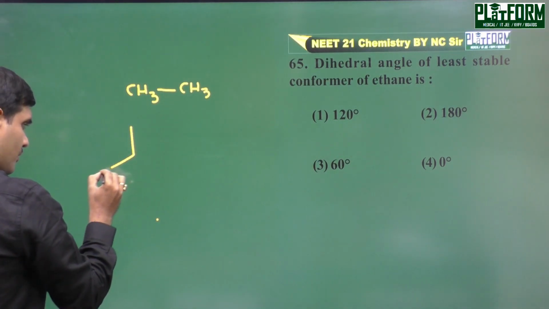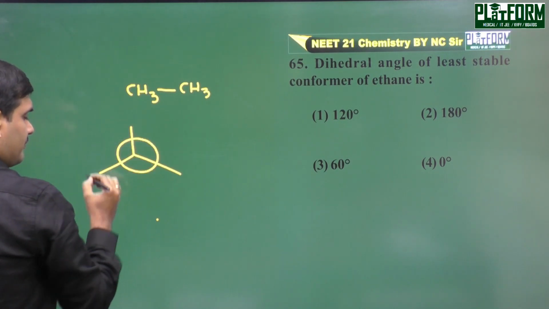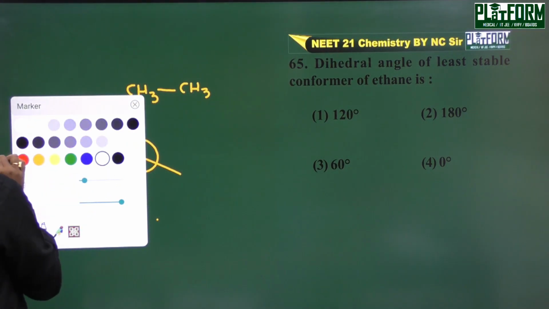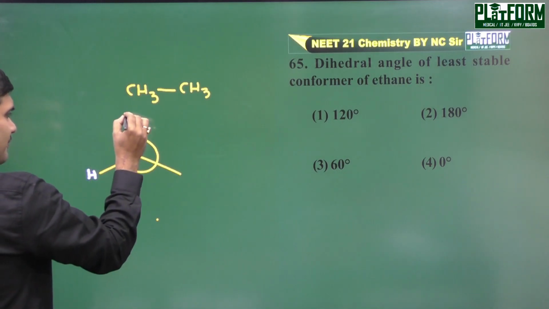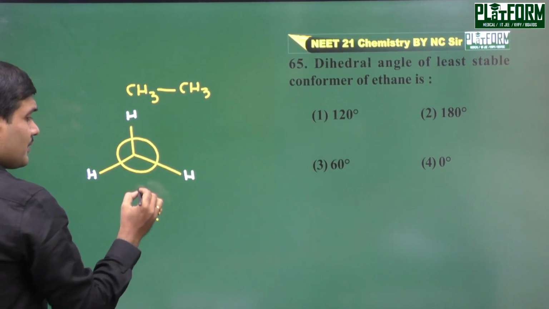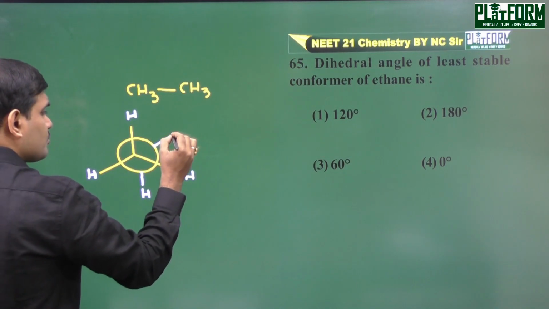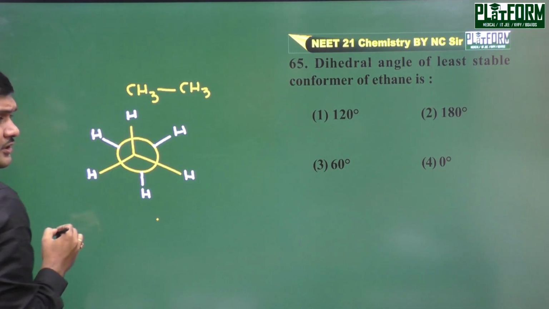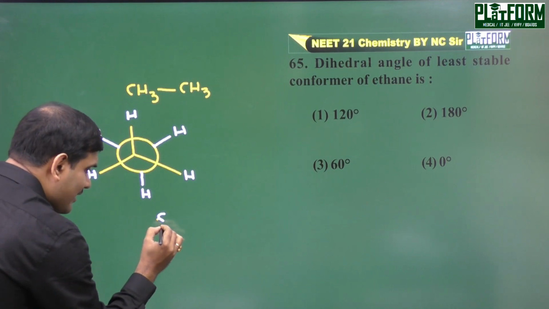So let this be the front carbon and this represent the back carbon. Only hydrogen atoms are placed. The front carbon will have the hydrogen atoms. Now in the most stable conformation, the hydrogen atoms are opposite to each other. In the back carbon, the groups are opposite to those of the front carbon. It is called the staggered conformation.